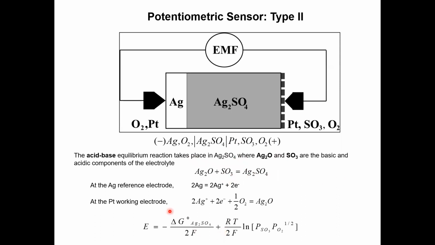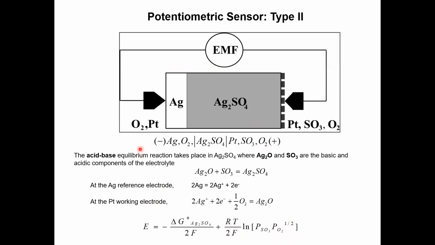And the EMF can be related to the delta G of formation of silver sulfate that you can look up, and the Faraday constant, and the signal will depend on both the partial pressure of your detecting gas as well as the partial pressure of oxygen.